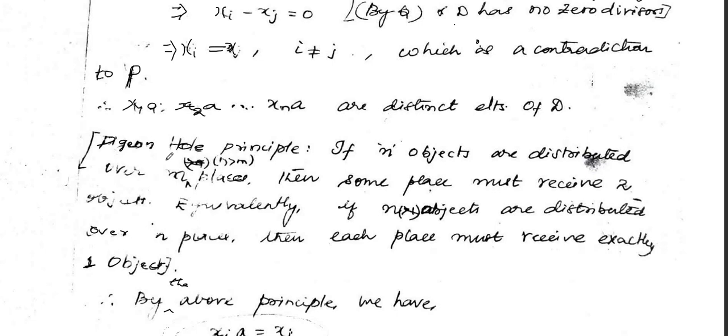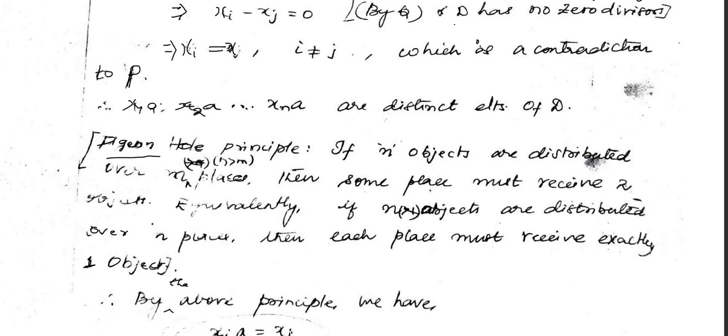Next, we are going to make use of the pigeonhole principle, which states that if n objects are distributed over m places, with n more than m, then some place must receive two objects. Equivalently, if n objects are distributed over n places, then each place must receive exactly one object.